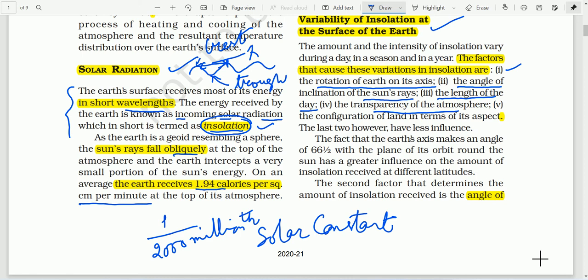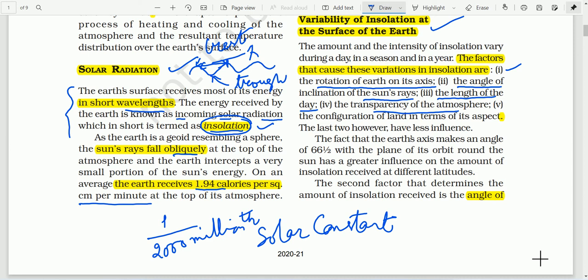You may observe in the months of January and February, due to dust particles and other particles in the atmosphere, we receive less insolation in addition to the inclination of the sun's rays. That means if the atmosphere is clean and clear, then we receive bright sunshine. And if the atmosphere is dirty, if it contains a lot of dust particles, then we receive less solar radiation.